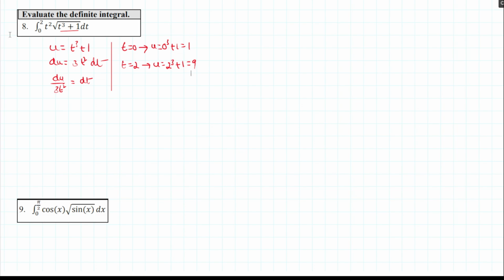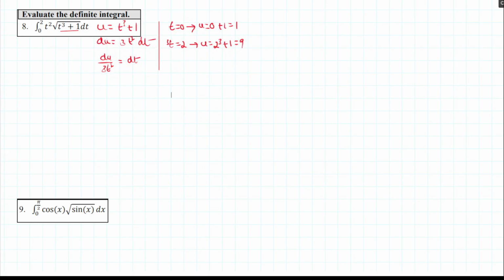So now let's rewrite this integral. Let's rewrite this integral with limits where 0 becomes 1 and 2 becomes 9, and t square, and the square root of t cube plus 1 is just u, and dt equals du over 3t square.